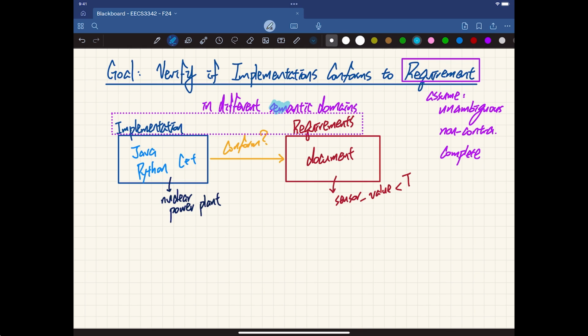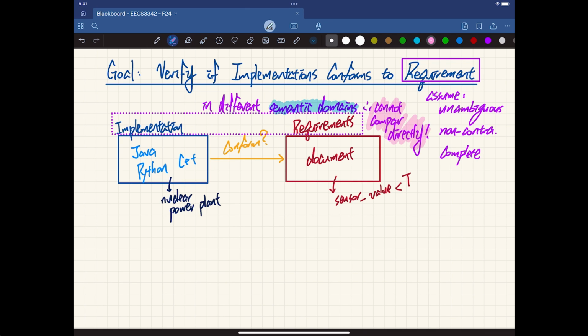Semantic domain simply means their meanings cannot be really compared directly. You have to translate them maybe into something that's common, so you can compare them. In different semantic domains, therefore, we cannot compare directly just yet. Okay, that's an important conclusion.